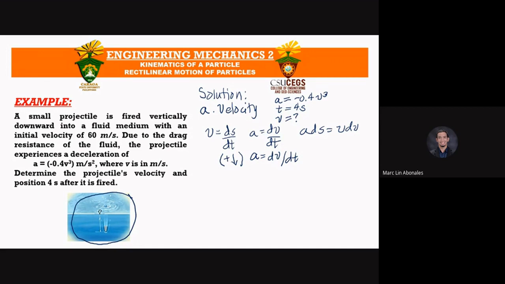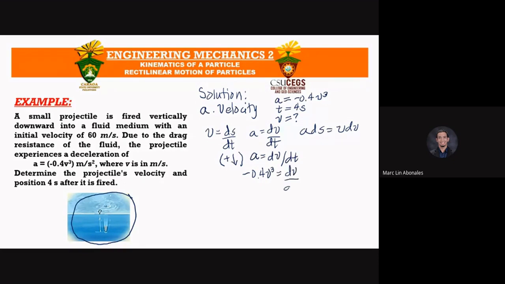So, for this one, since second kinematic equation atong gigamit, we substitute the equivalent of A. So, ang A nato would be negative 0.4 v cube. So, that would be negative 0.4 v cube is equal to dv over dt.